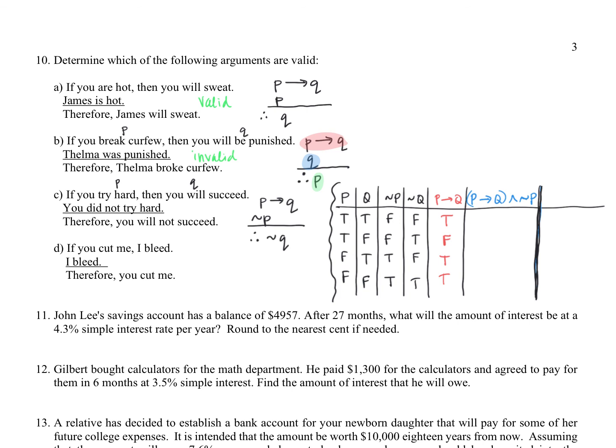So let's see. First we have what's in red, and we want to know if that implies not P. Okay, so let me highlight here. Not P is the one I highlighted in gray, and then the red is what we're looking at. So this is a conjunction. This is an and statement.